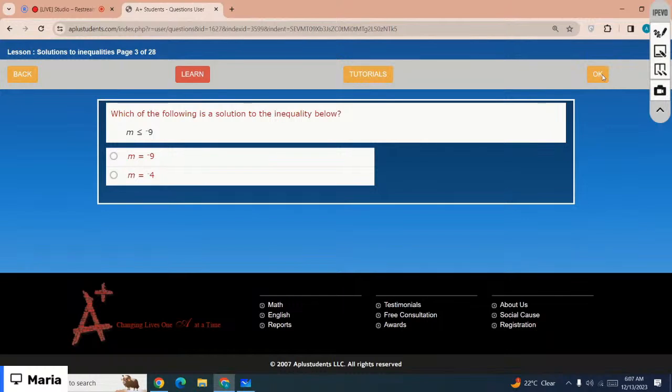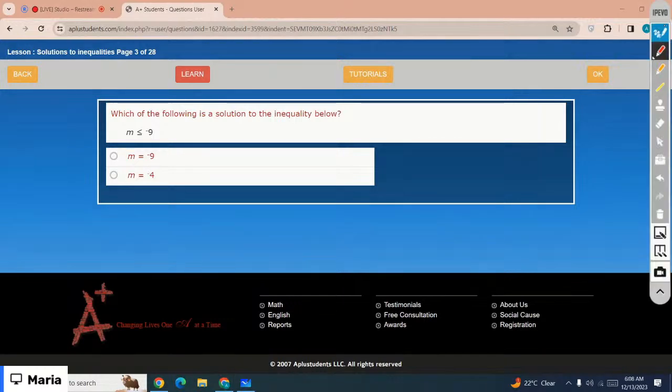Okay, which of the following is the solution of the inequality below? Which is the correct option? Negative 9 is less than equal to m. Is negative 9 less than equal to negative 9, and is negative 4 less than equal to negative 9?